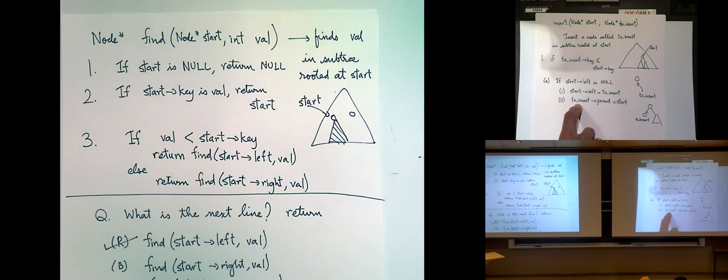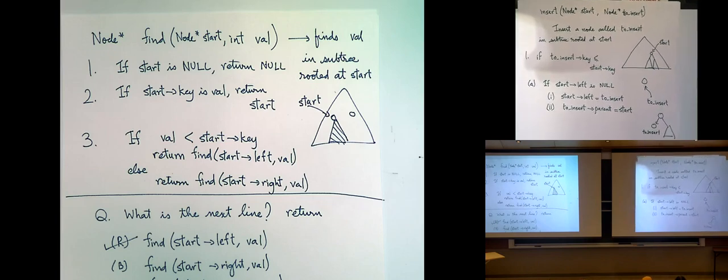I'm assuming that when I construct that node, all of its pointers, its children and parent pointers, are null. That would be in the constructor. Okay, so this is what happens if start arrow left is null.